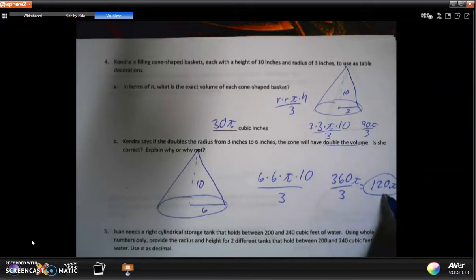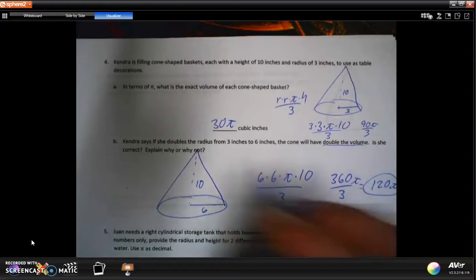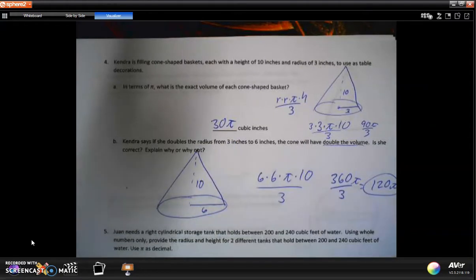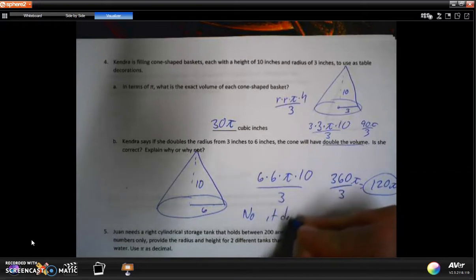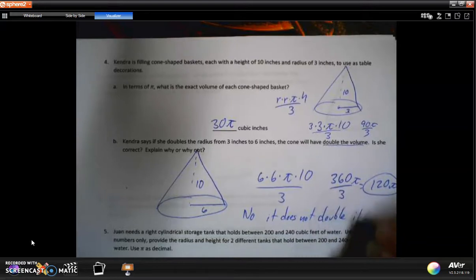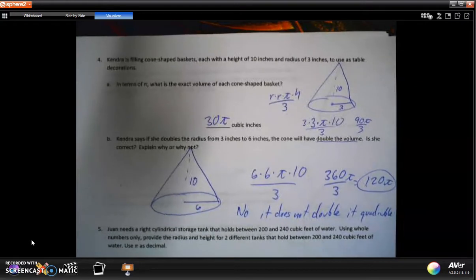Is 120 pi double 30 pi? No, it does not double. In fact, it quadruples. So doubling the radius will quadruple the volume.